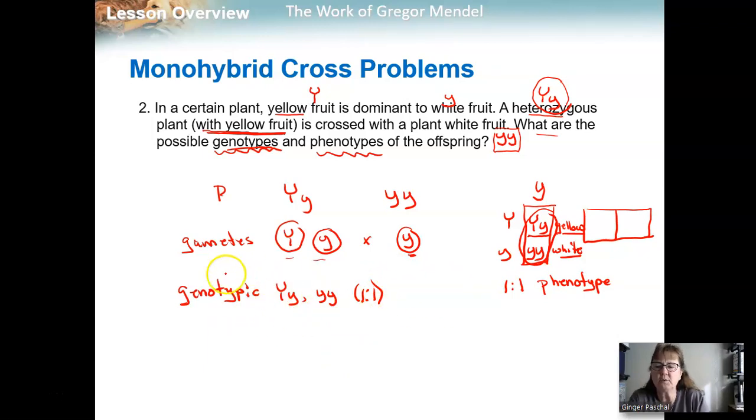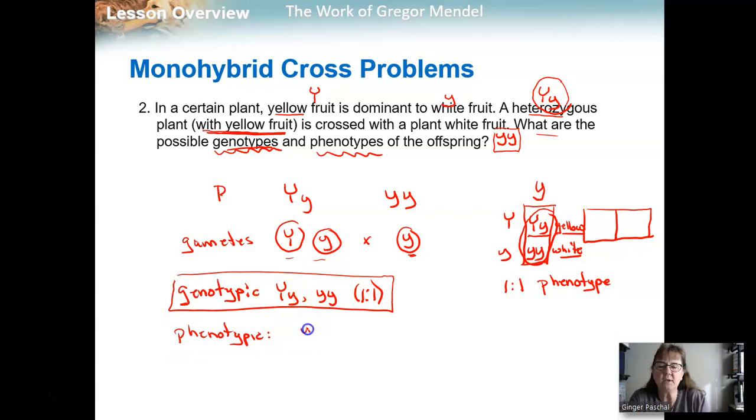So that's our genotypic. And our phenotypic, we have yellow. I'm going to name that first because it's dominant. And we have white. Name that second because it's recessive. And I'm going to put here that it's a 1-to-1 ratio.